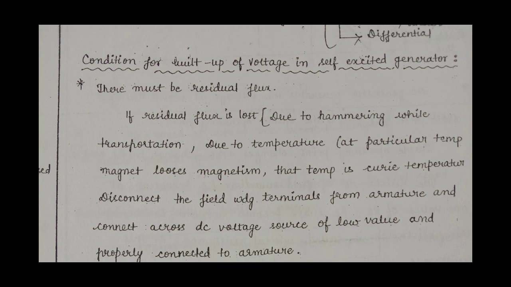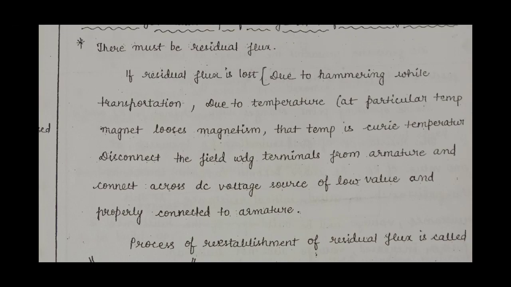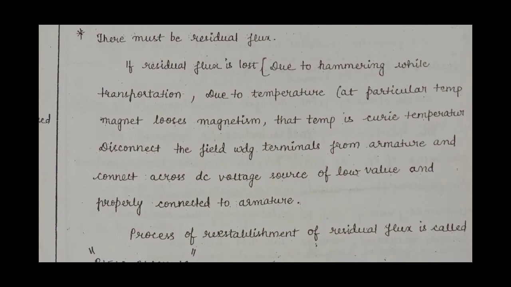The residual flux may be lost due to hammering during transportation or due to temperature. In that case, disconnect the field winding terminals from the armature and connect them across a low-value DC voltage source, and then properly connect them to the armature.